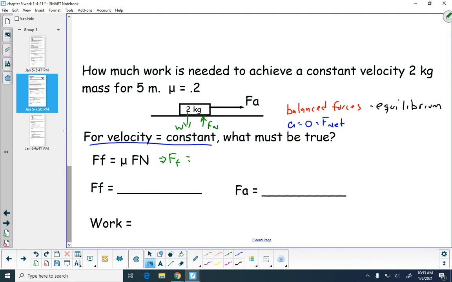They're equal but opposite, so go ahead and calculate your force normal, and then calculate your force of friction. What does our force of friction come down to? 3.92.